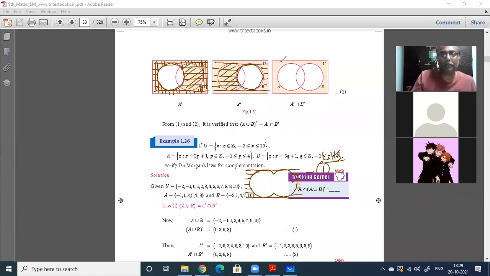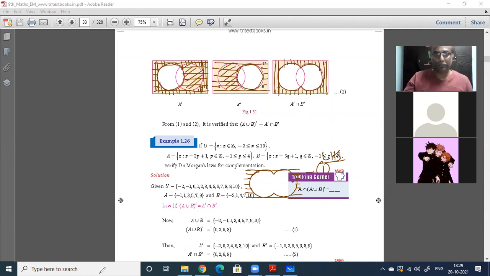What is coming common to everything is this part. So this whole thing only is A complement intersection B complement.